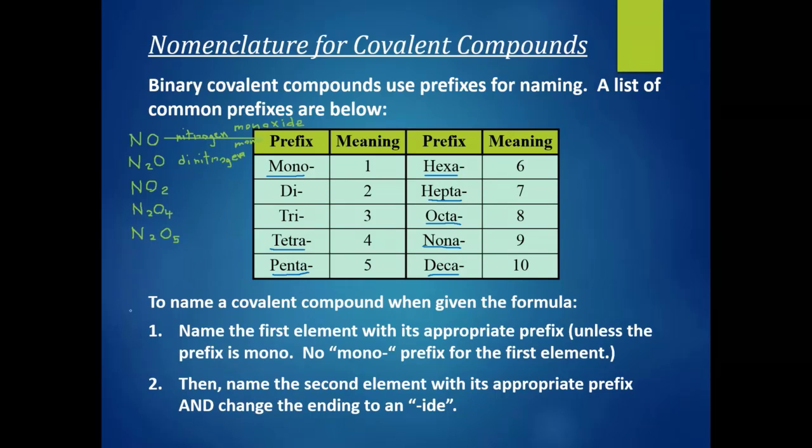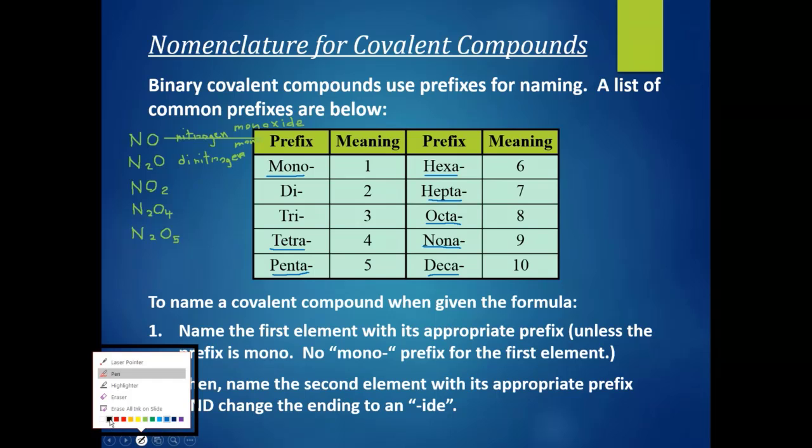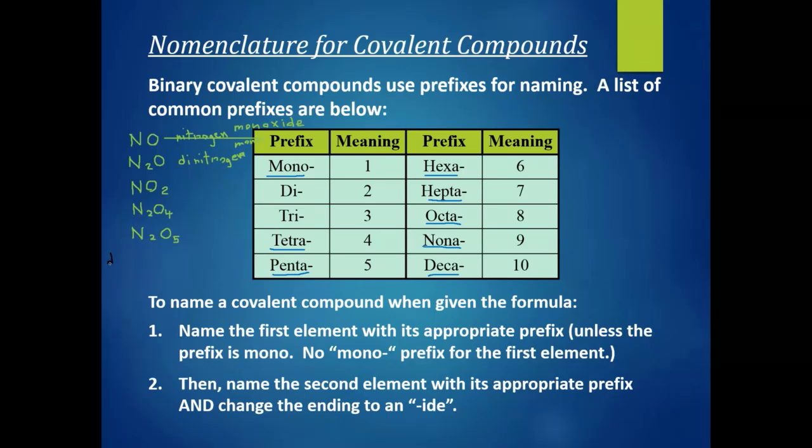So for example, with regards to the last one, maybe you might think it'd be dinitrogen pentaoxide, but it turns out it's dinitrogen pentoxide.